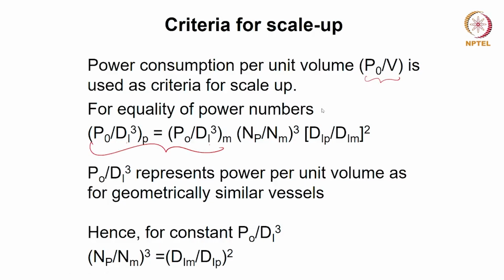If you do equality of power numbers and do the rearrangement, and then your Di to the power of 5, it can be broken up as Di cube and Di square separately. So we know that power number is P0 by rho N cube Di to the power of 5, isn't it? And you have density. So this is your power number.